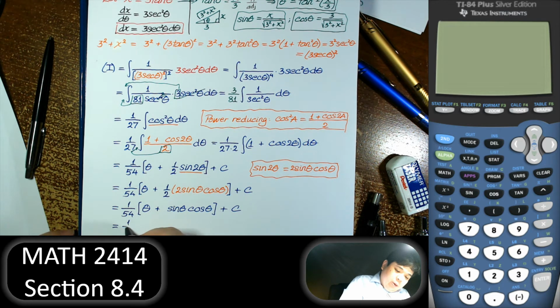So that gives us 1 over 54 tangent inverse of x over 3, and then plus sine is x over square root of 3 squared plus x squared, and then 3 over the square root of 3 squared plus x squared.